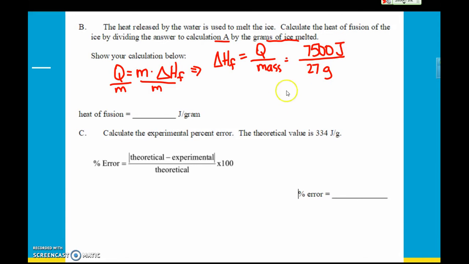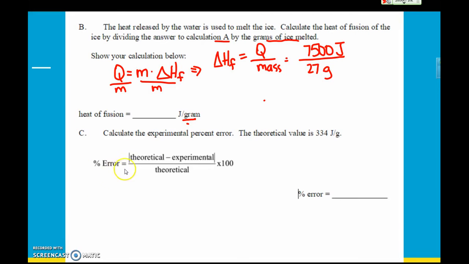So hopefully that's what you all got. I did round to 2 sig figs because my data had only 2 sig figs. So you're going to want to divide those, and then you see that joule per gram is our unit. And you're going to get a number here. I'll let you go ahead and divide that and write your number in. Pause if you need to.